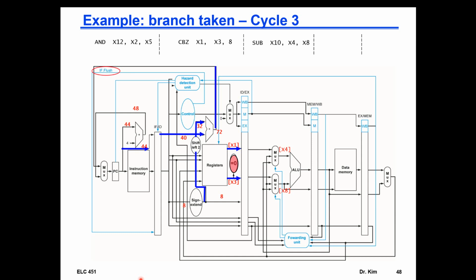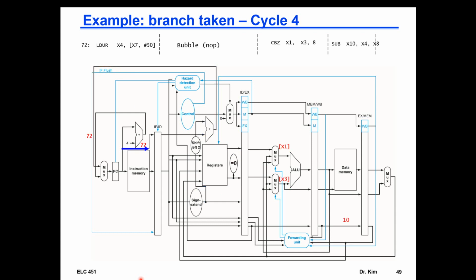From 3 wasted clock cycles to 1 stall. So it does have the same effect as stalling the pipeline, but only by 1 clock cycle. Now we have the right instruction.